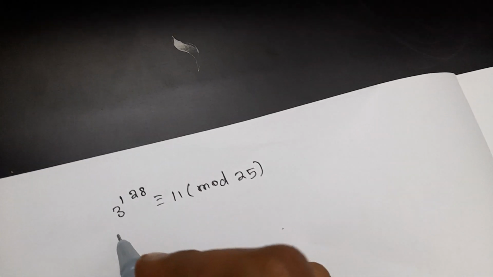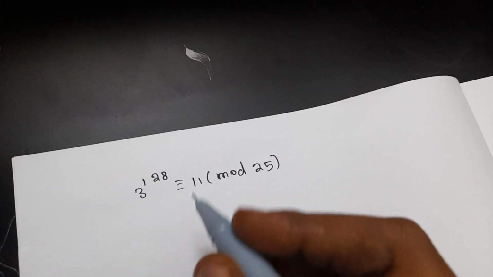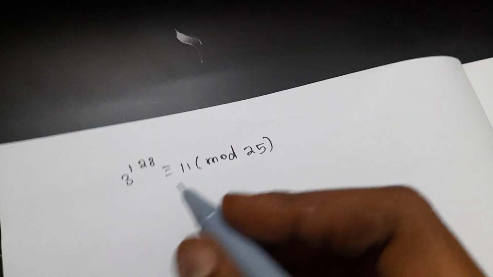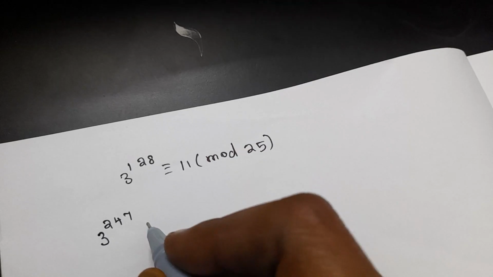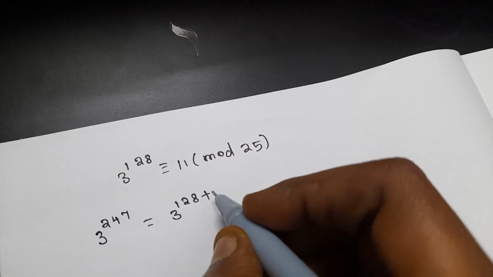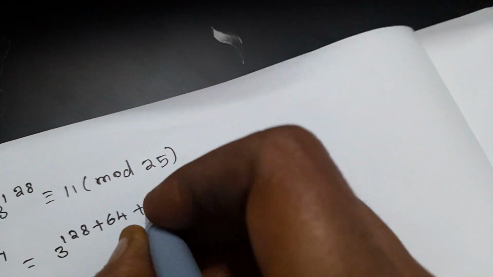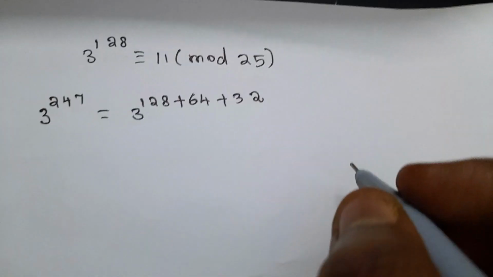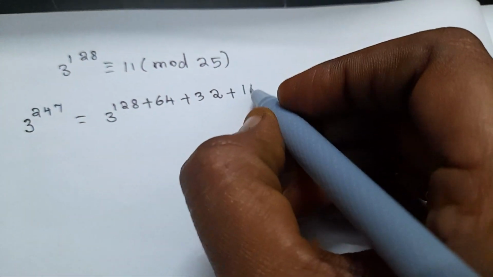So we take 3 power 128 as it is and add the remaining terms. 247 can be written as 3 power 128 plus 64 plus 32 plus 16.